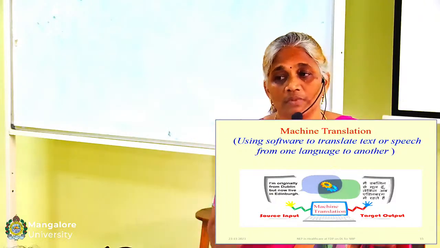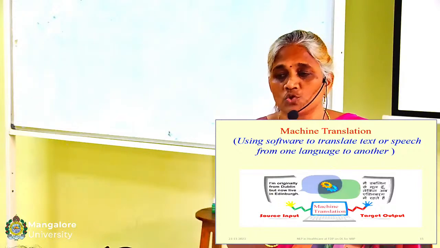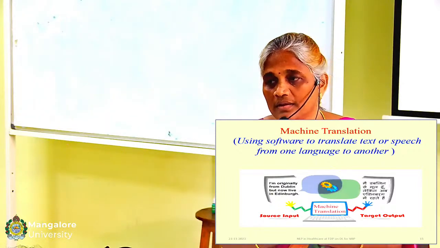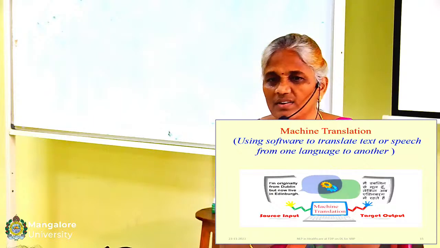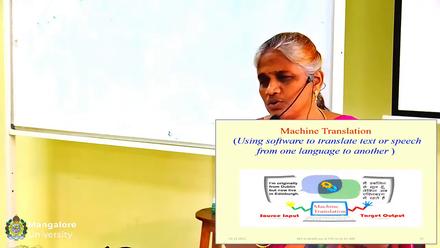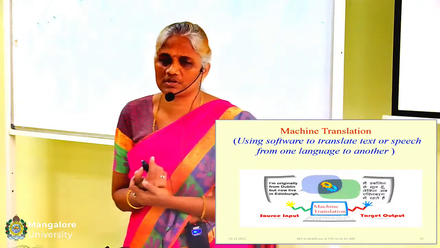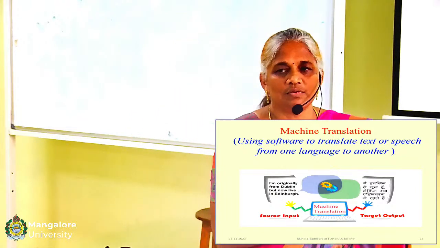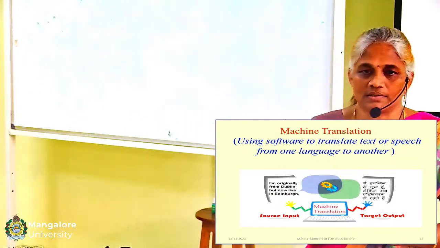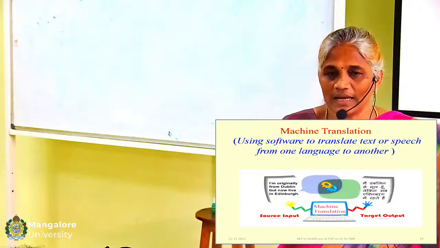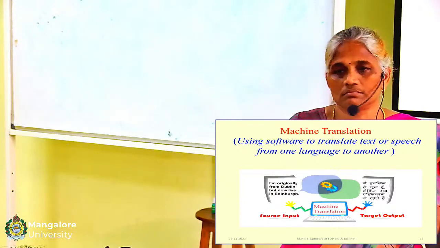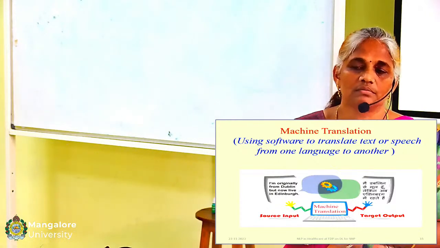Long back, in Sony TV there was that CID serial. Maybe every Saturday or Sunday, or every evening, I don't know, it was telecast, and there were some three important characters. One guy did something, and they called the family members who were the witnesses.